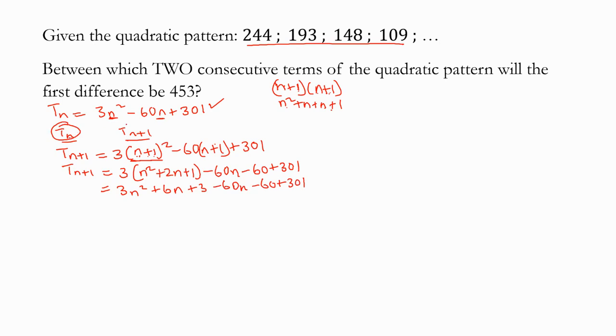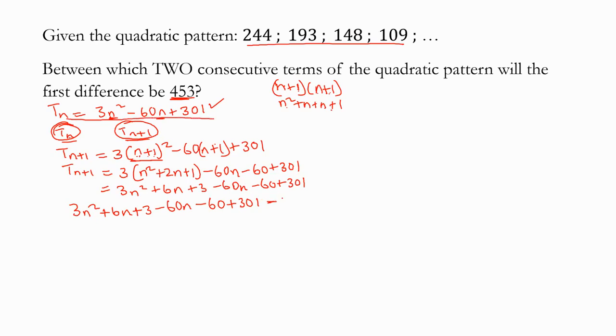If we subtract, if we say Tn plus 1 minus Tn, we must get 453. So this is our Tn plus 1, which is 3n squared plus 6n plus 3 minus 60n minus 60 plus 301, minus Tn. Our Tn is this.